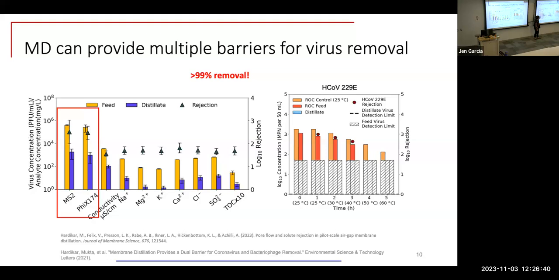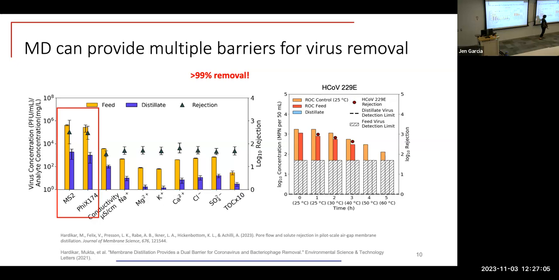And we saw over about a 3 log rejection, so like 99.9% removal, of these two bacteriophages, again surrogates for enteric viruses. And we also saw about a 3 log rejection of SARS-CoV. So that was really good news.